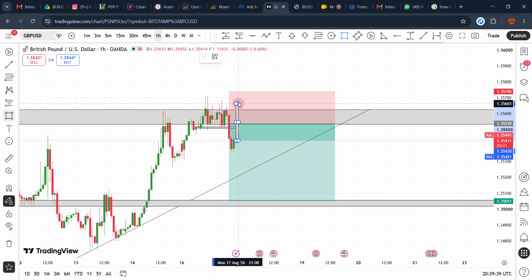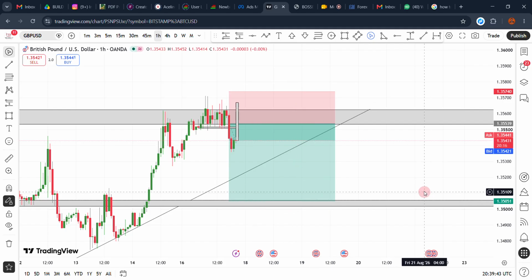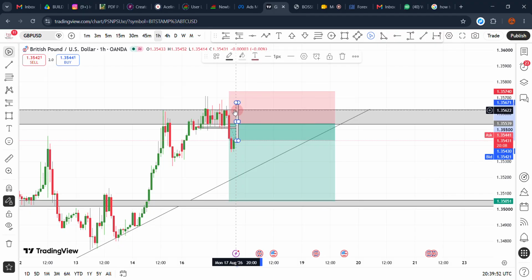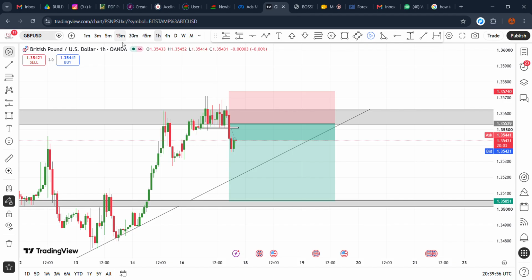If you see a strong bullish candlestick coming like this, you intend not to take your trade immediately, because it's showing you the strength of the buyers in the market. So what you intend to do is to see how the market is struggling while coming to this zone.